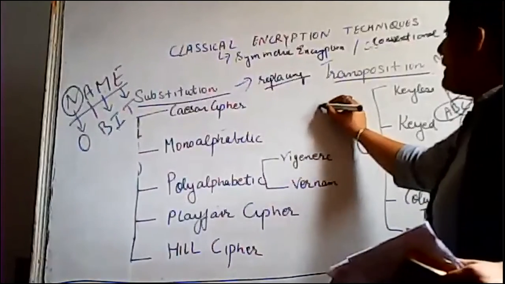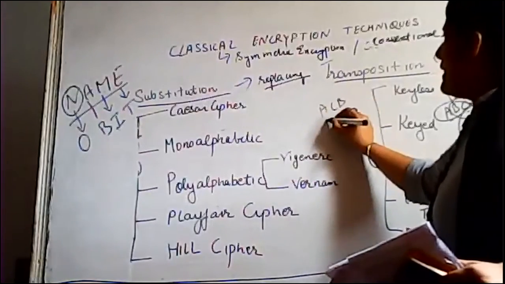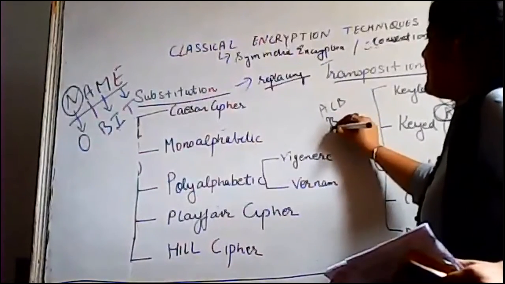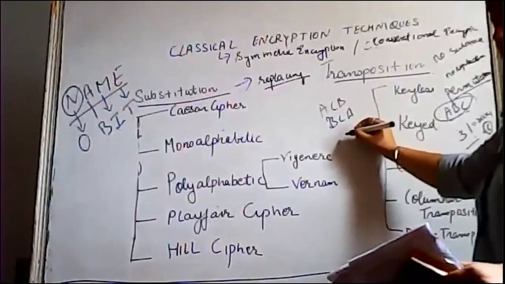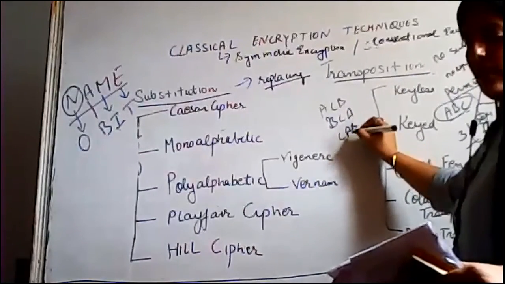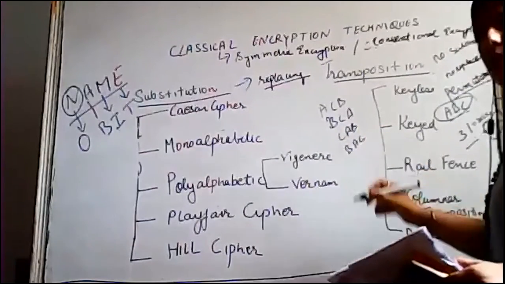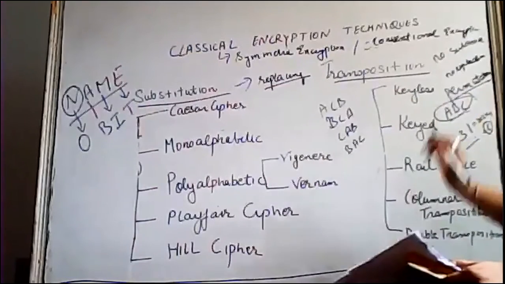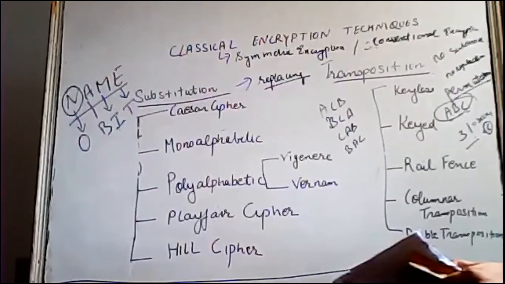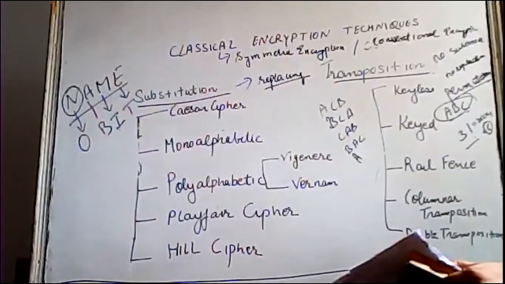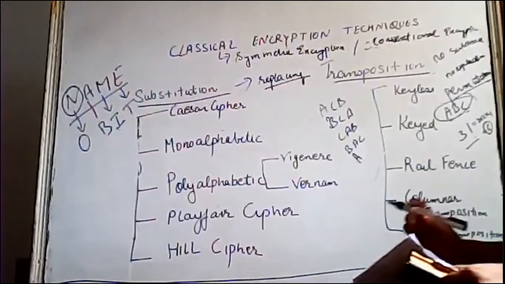We can have ACB, we can have BCA, CAB, BAC. So ABC, BCA, BAC, CAB, ACB. All these combinations are there for a particular text.